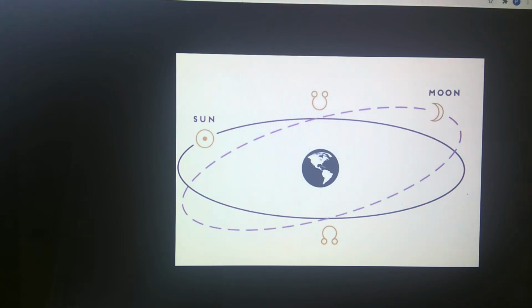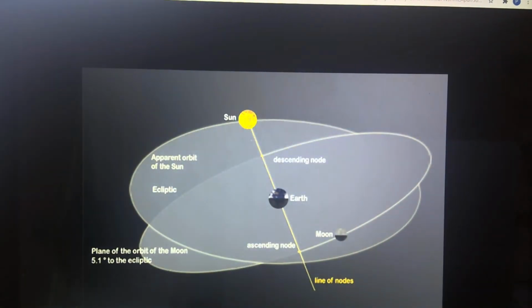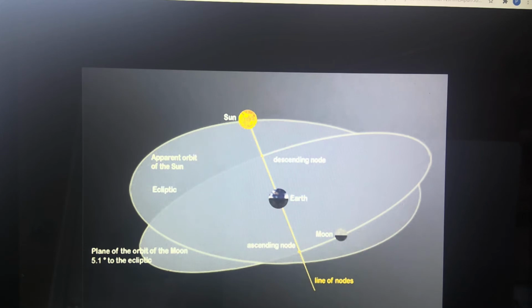Before I go into the difference of nodes by sign and house, let's take a look at a different diagram here, just to let this idea gel. This is a more technical diagram compared to the more aesthetic other one.